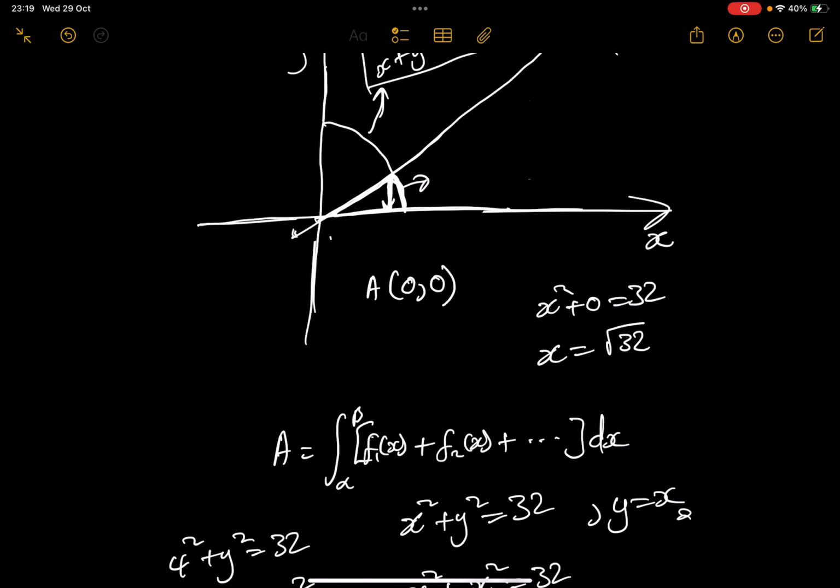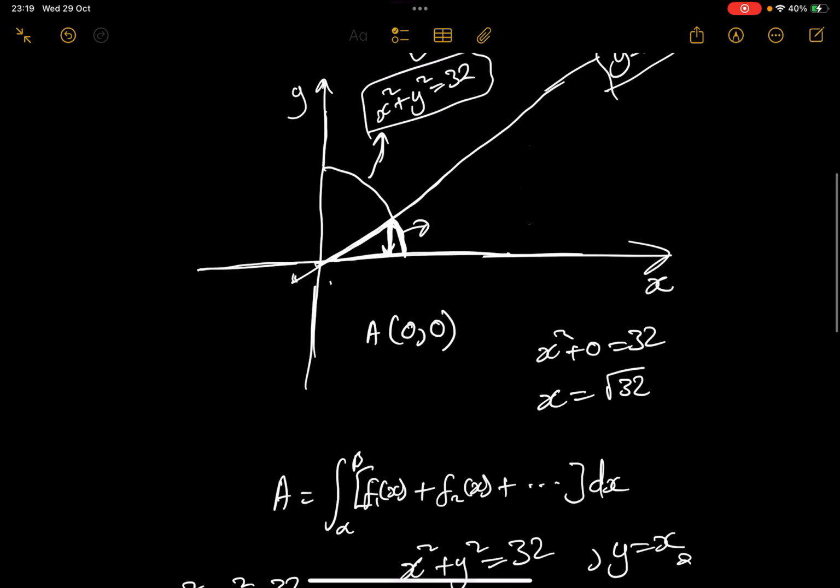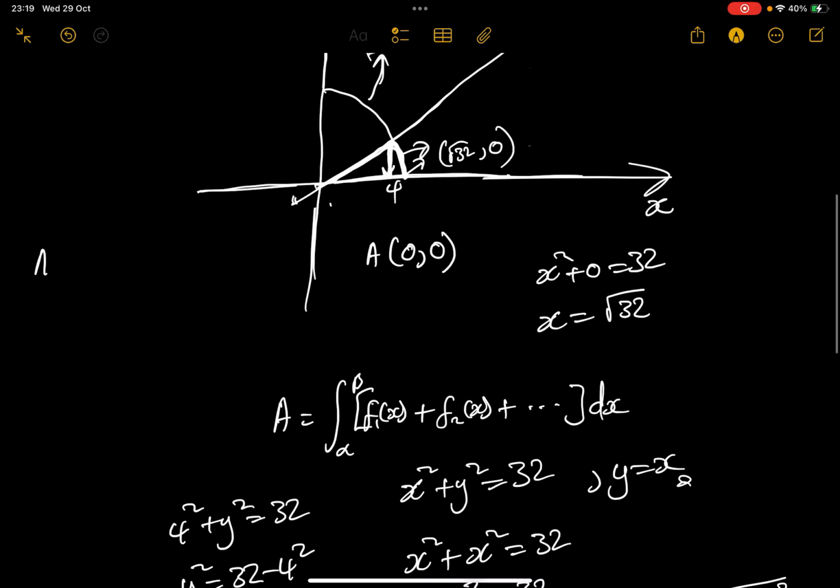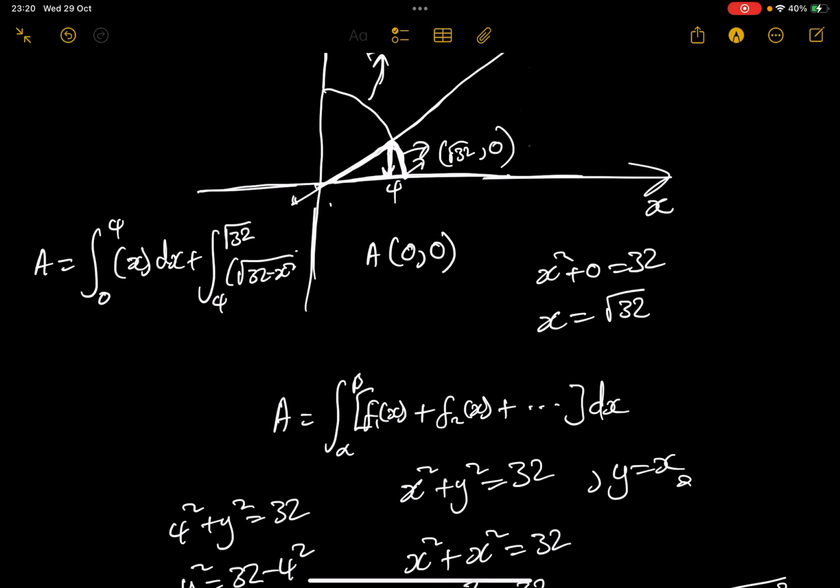Or if you don't want to use that, you can just say, since we are looking at this line up until this point where it's 4, and then this point which we called B was root 32, 0, you can just find the area from 0 to 4 of y equals x, that is x dx, plus the area from 4 to root 32 of 32 minus x squared dx.